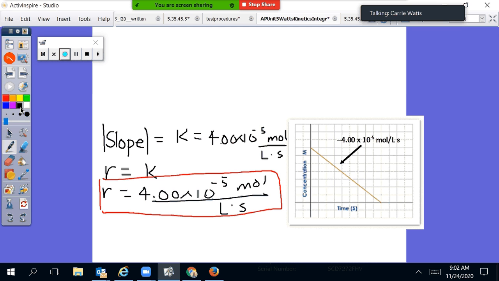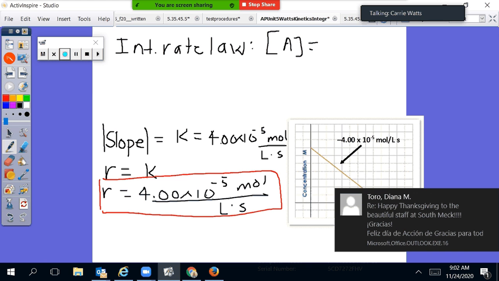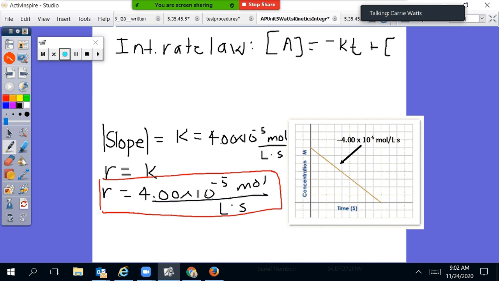This is the one I just showed you deriving, and it's also part of your table and your equation sheet. I'm just writing it generically right now: A equals negative KT plus A naught.